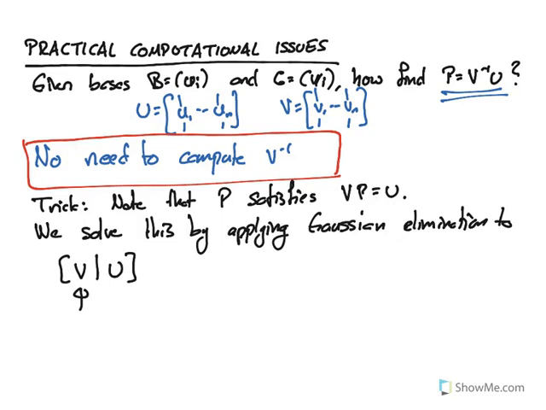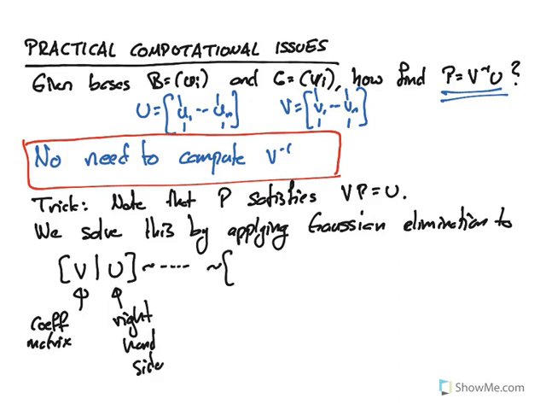So you see here we have the coefficient matrix, and that's the right-hand side in the linear system. So now you just do all these tedious steps of row reduction and you end up with identity on the left and then V inverse times U on the right. And now you just read off. This entity here is P.